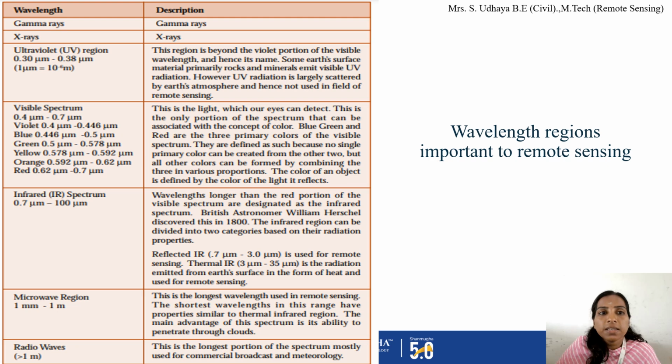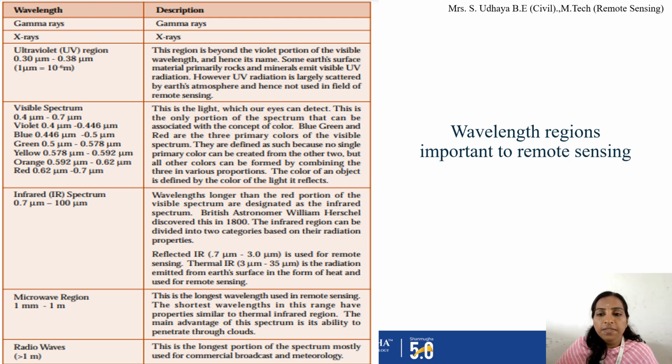This table gives a detailed description of the regions of the electromagnetic spectrum. Gamma rays and X-rays have a very small wavelength. In the ultraviolet region, some earth surface materials, primarily rocks and minerals, emit visible ultraviolet radiation. The visible spectrum is the light which our eyes can detect, and it is the only portion of the spectrum that can be associated with the concept of color.